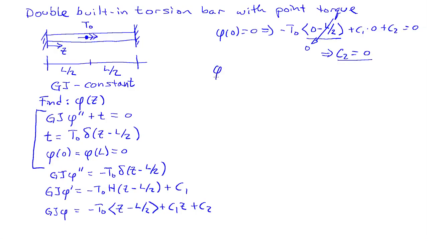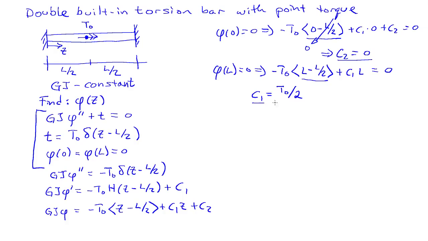And now we can use phi at L equals 0. That's going to tell me that minus T0 L minus L over 2 inside the Macaulay bracket plus C1 L equals 0. So inside the Macaulay bracket here I have L over 2, which is positive, so that'll evaluate to L over 2. So when I solve for C1, I'm going to find T0 over 2.